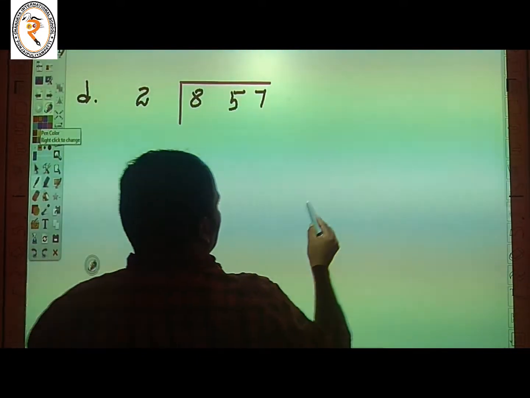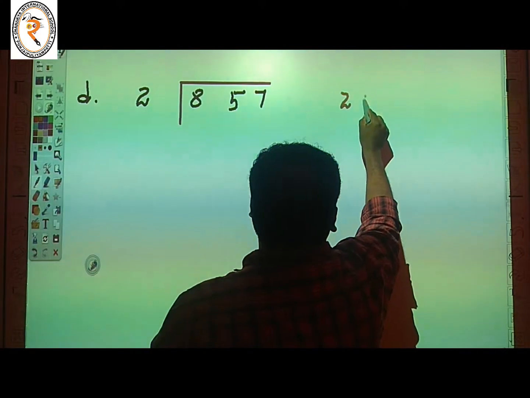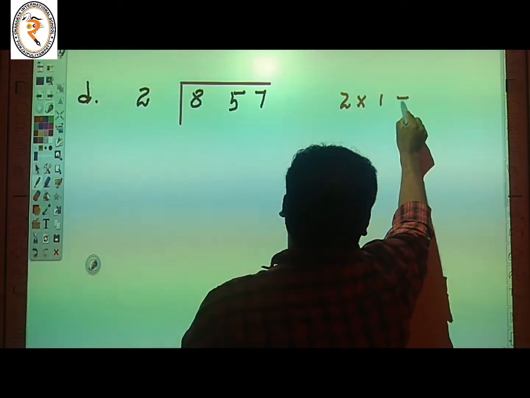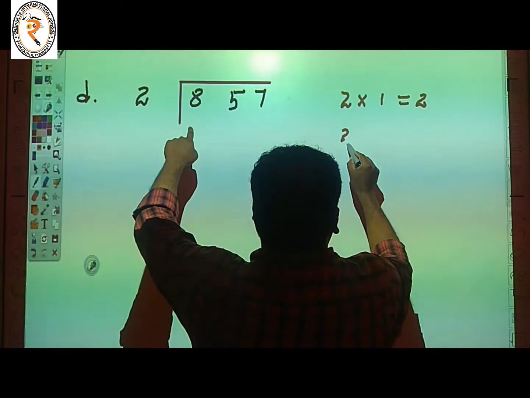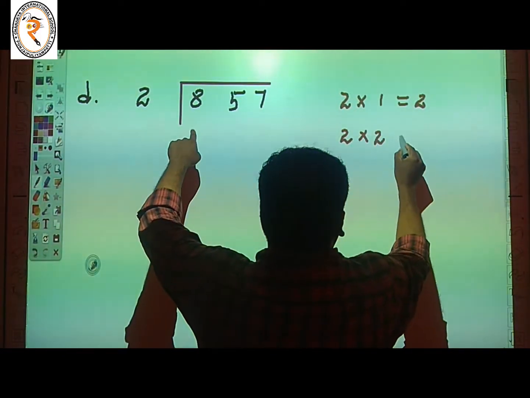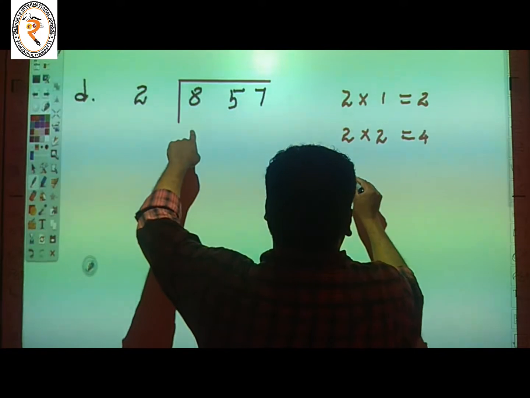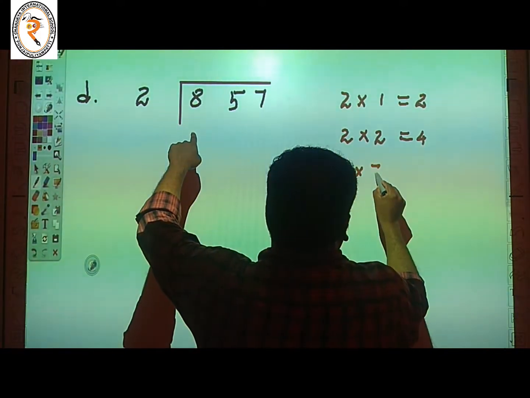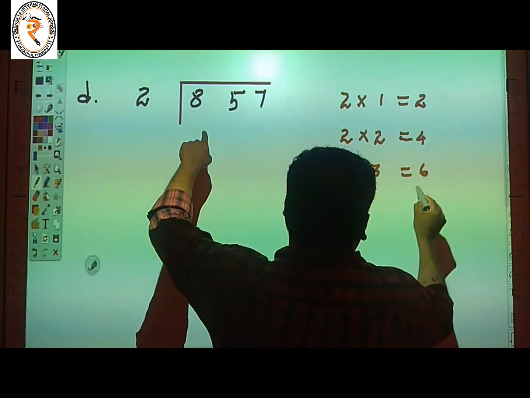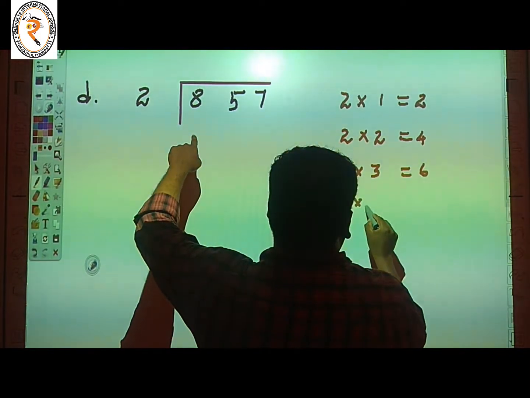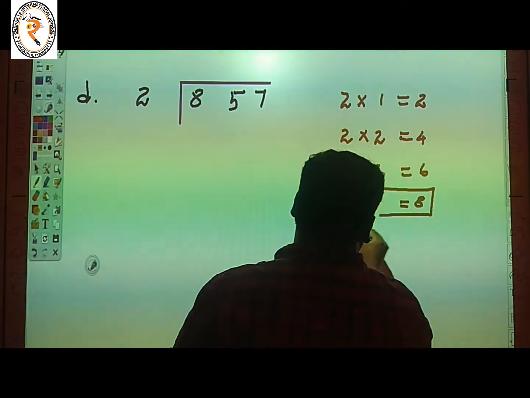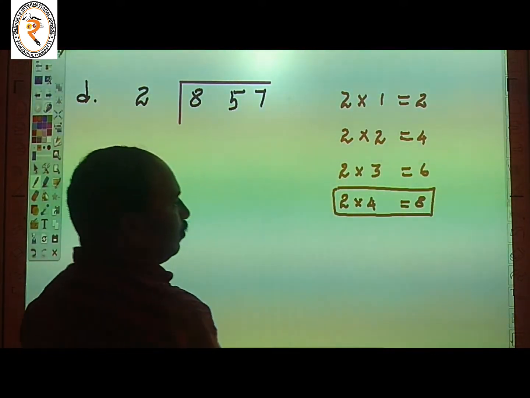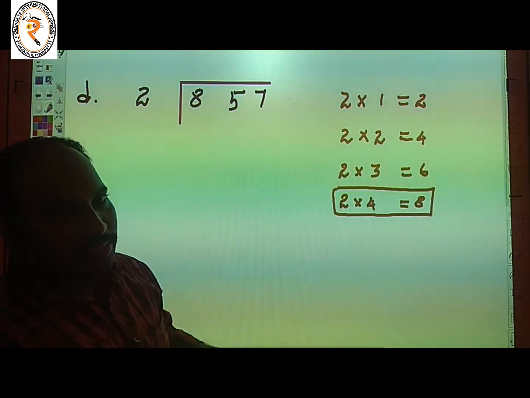Divisor is 2, so we take the 2 table. 2 into 1 is equal to 2. 2 2s are 4. 2 3s are 6. 2 4s are 8. 2 5s are 10.